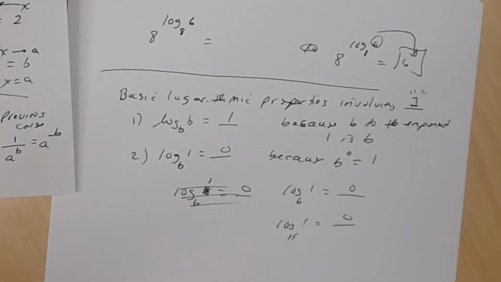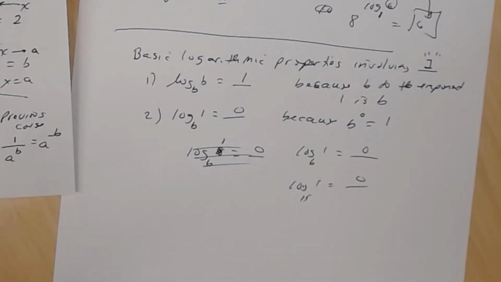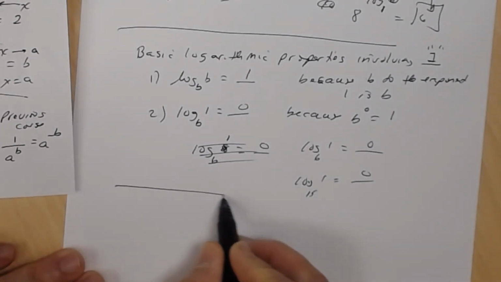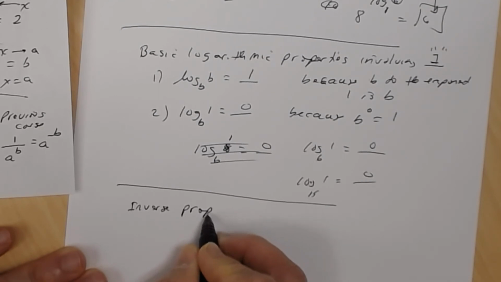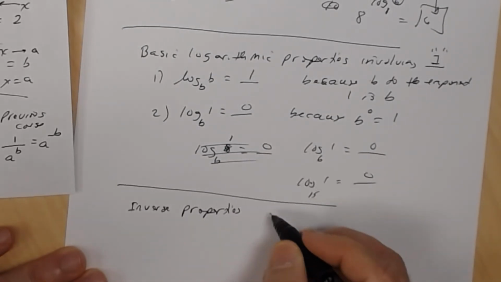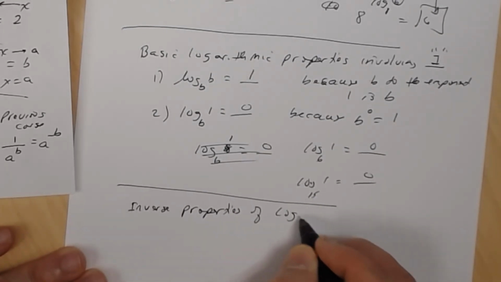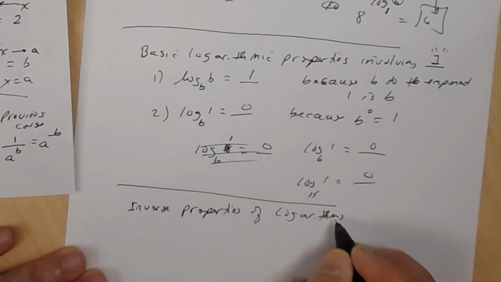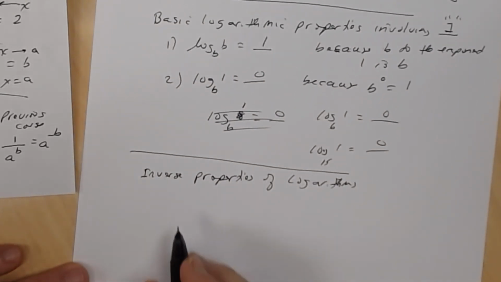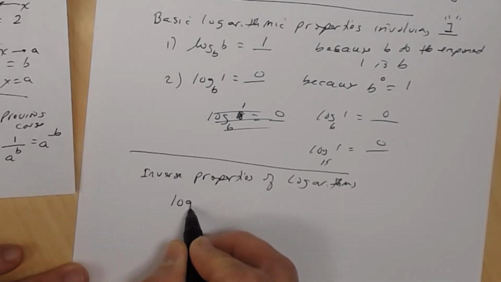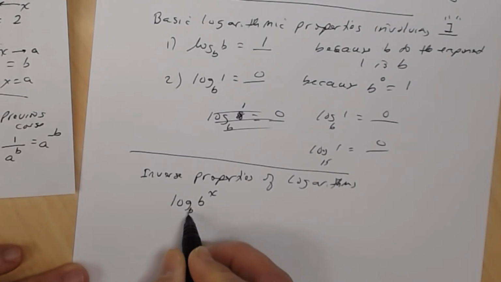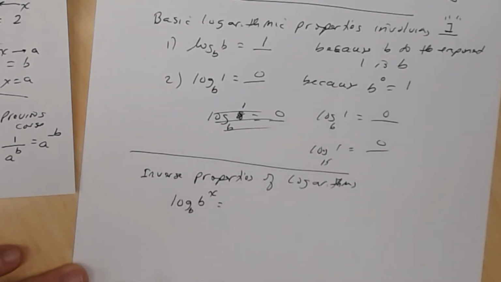All right, and then I want to talk about the inverse properties. There's something called the inverse properties of logarithms. And we talked about that already. I'm going to go back and show you. If I have the log of b to the x and my base is b. Let's find where we saw this.